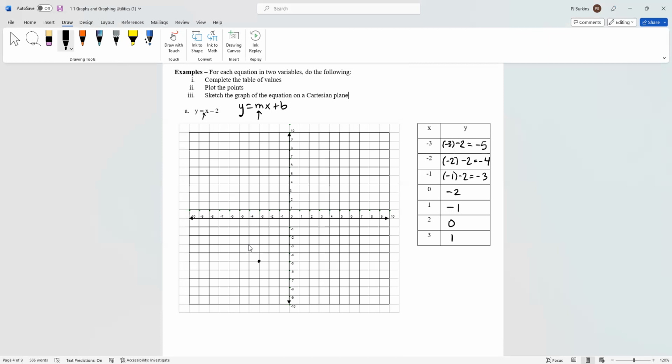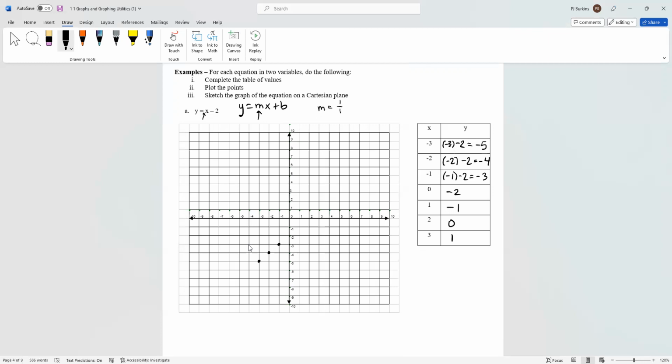Okay. Then -2, -4. Right here. -1, -3. That's left 1, down 3. Now, again, you're noticing a pattern, right? I'm going from my first point to my next point, I am going right 1, up 1. Again, my slope, m, is really 1 or 1 over 1.